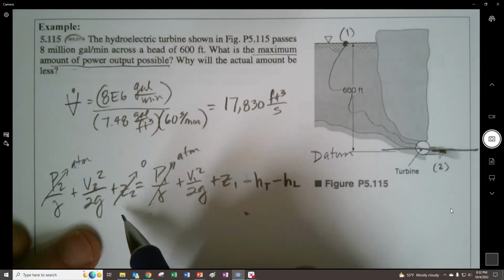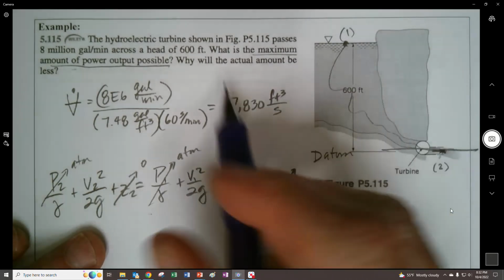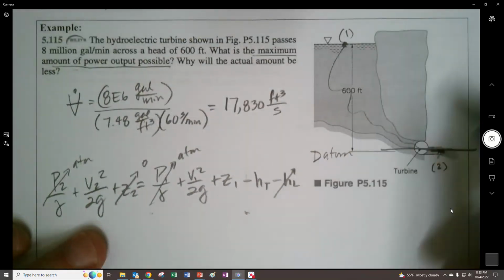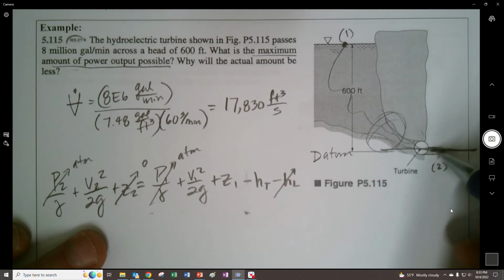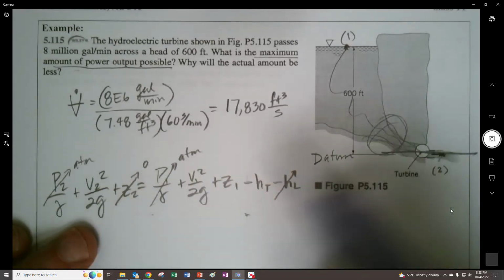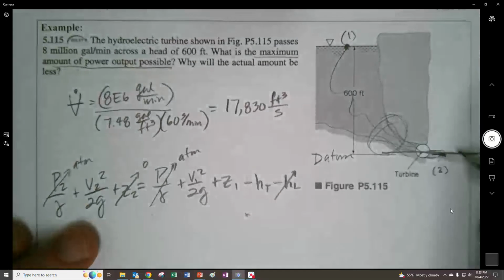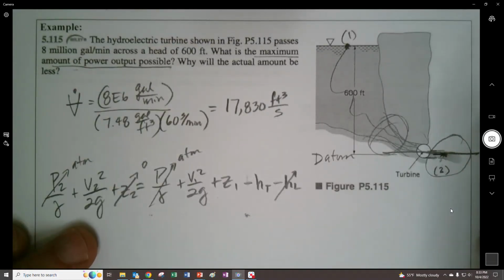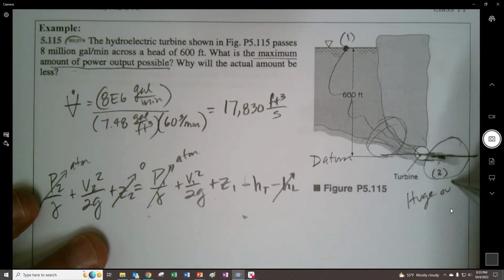And let me say that we're going to have this right here, because it's the maximum possible. So we're going to say there are no losses taking place, maybe the friction here, or even some of the friction at the outlet of the turbine. And here's one where we have to use a little imagination. What if this outlet was huge?